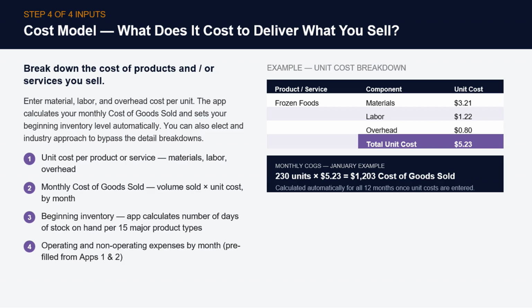So we've built that in, which gives more flexibility. I'm trying to get reasonable accuracy into this, but not burden you with too much. But that's what I'm trying to shoot for. Also, in this process, we want to look at all the 12 months of operating expenses are mapped out.